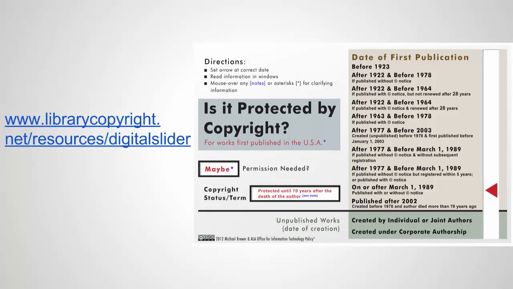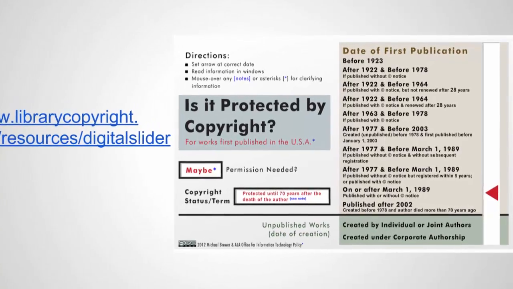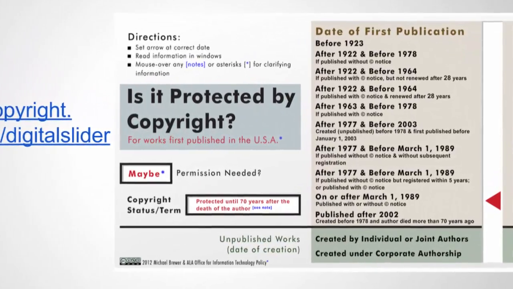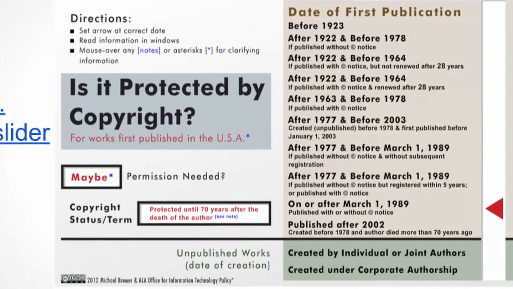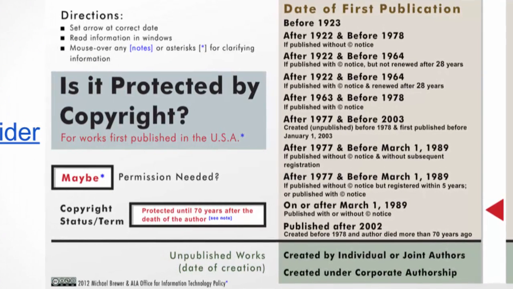Either they're in the public domain or they're under copyright. So, for example, works that were published before 1923 are in the public domain and definitely don't require any permission to use. Works that are under copyright do require the copyright holder's permission before you can use them.